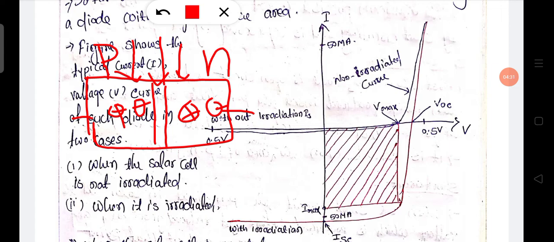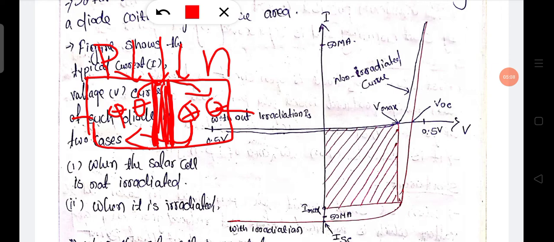Due to the space charge region, as we have already discussed in previous classes, the holes from the n region are attracted and migrated towards P. And due to the space charge region, the electrons from the p side are migrated to the n side.